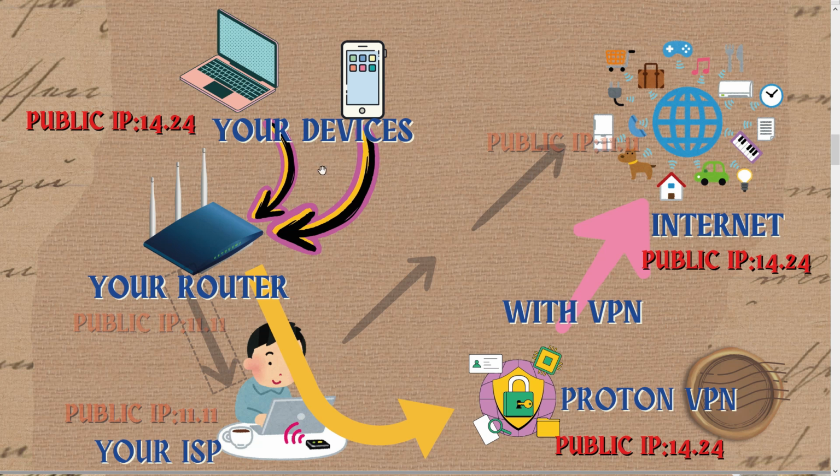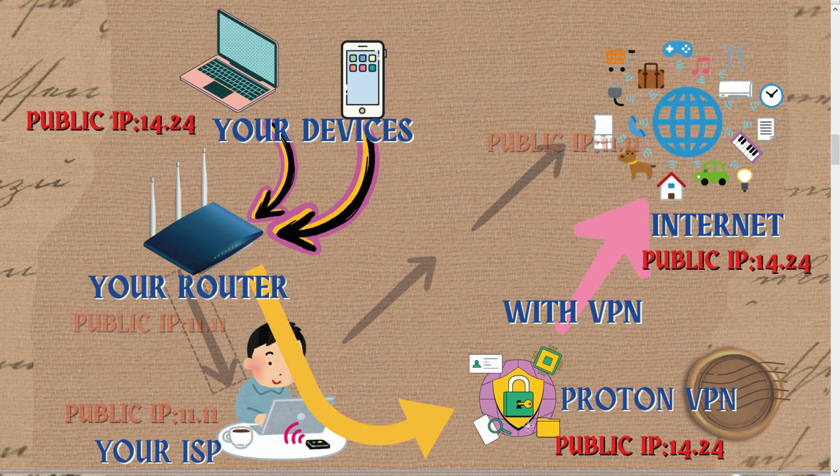Then you will connect through your router to your ISP, all the way to your VPN provider, let's say Proton VPN. So what happens? Your ISP will not be able to capture your traffic. There is a secure connection between your device all the way to the VPN server. What your ISP sees is the public IP of the VPN server, 14.24, which is different from theirs, which is 11.1.